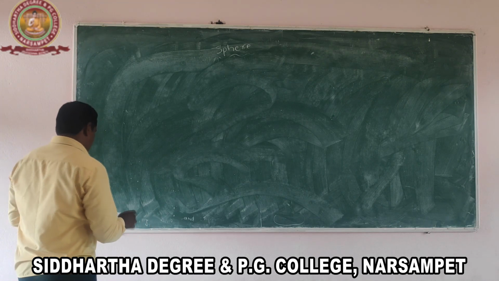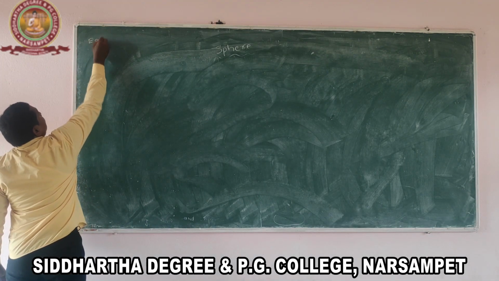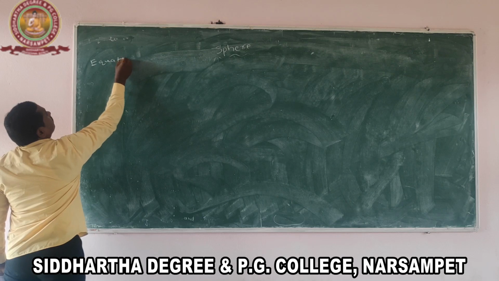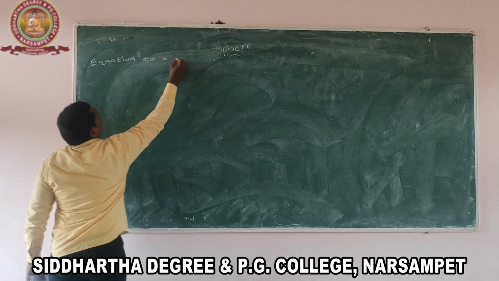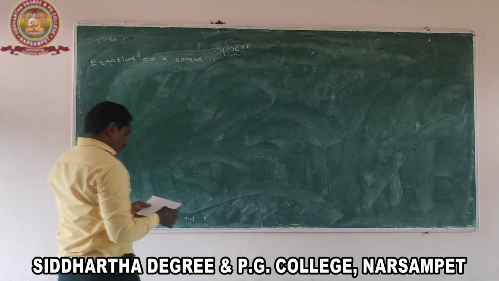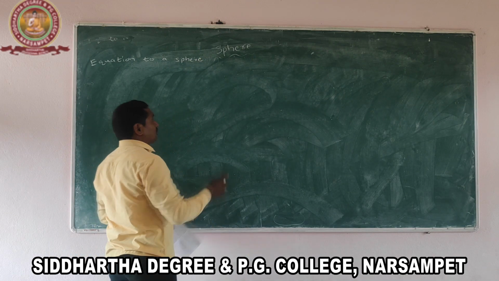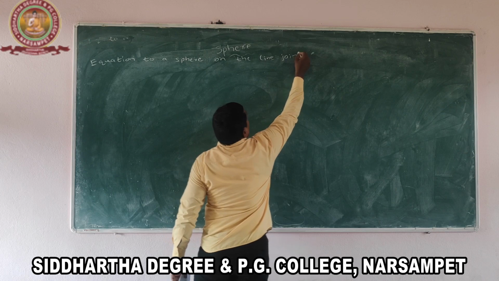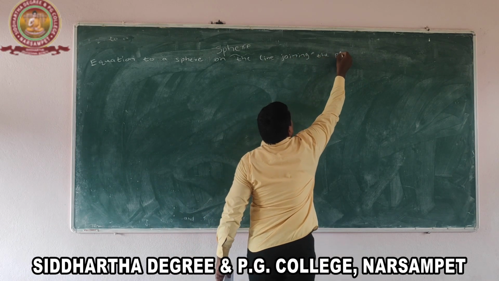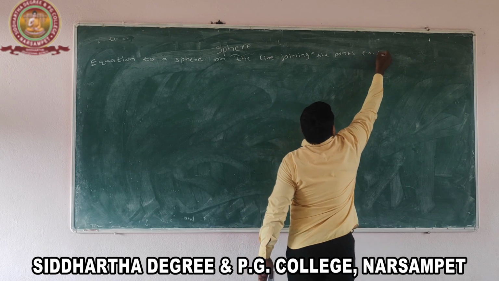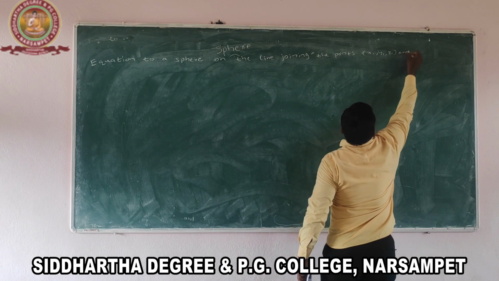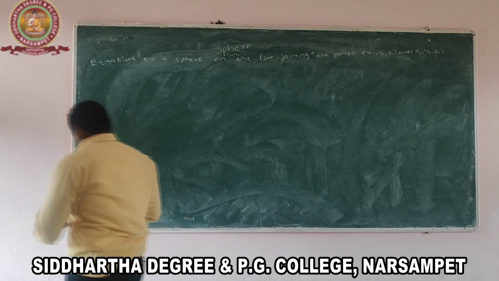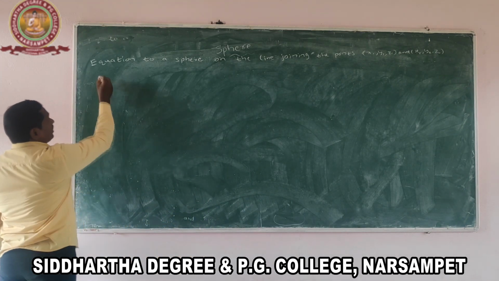Find the equation of a sphere on the line joining the points x1, y1, z1 and x2, y2, z2 as diameter.